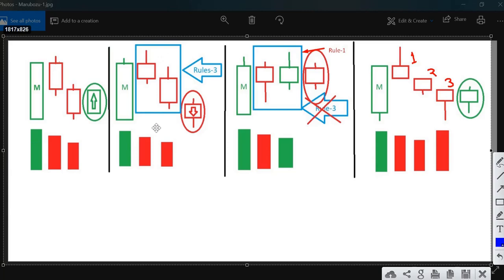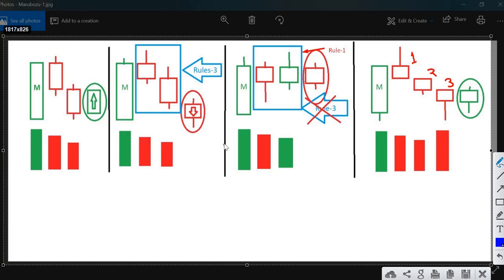Okay, now come to this point. Now come to the second picture, this picture. In this picture, if you see that the long healthy Marubozu candle has an upper wick, and it has the same wicks candle, and the volume is validating.